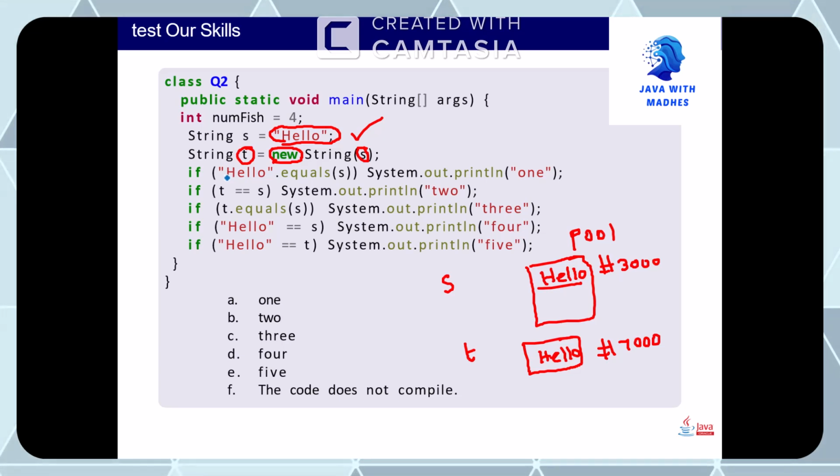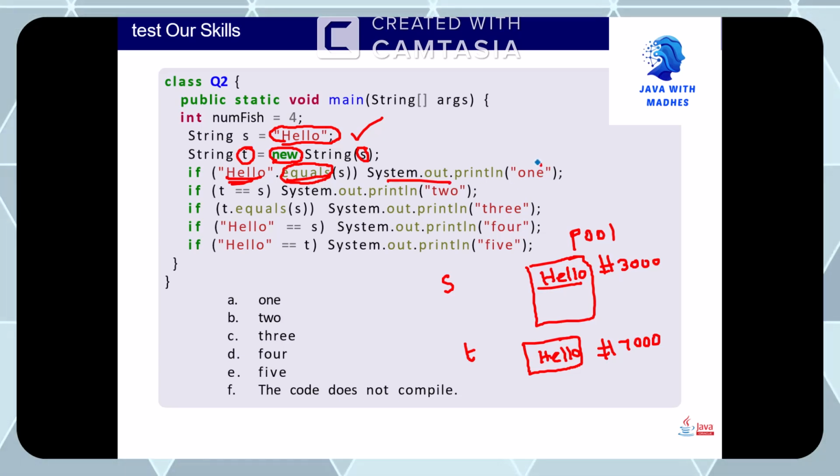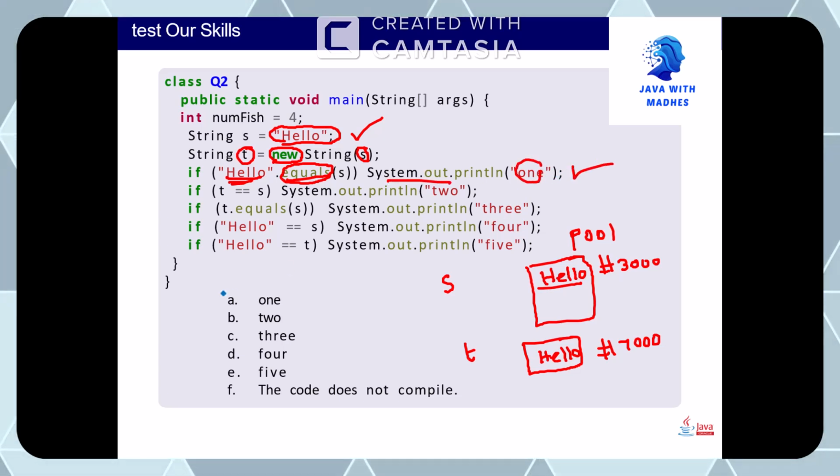Now we are checking hello, the string literal, equals s, right? The equals method will always compare the content, not the reference. So here also hello equals hello. This condition is true, so it will print 1.